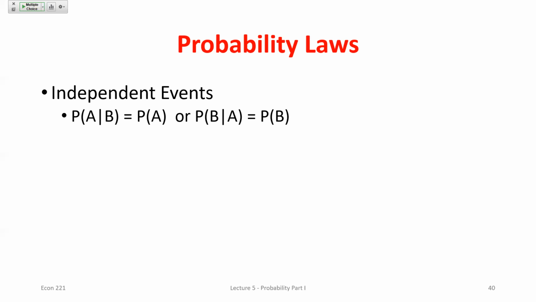If you then give me this additional piece of information, that B has occurred, you're not looking at the entire experimental outcome space anymore. Once I've conditioned on this other event, if I look at all the outcomes in event B, the proportion of them that are still in A is still 50%. So this additional piece of information didn't change the proportion of outcomes that were in the event I was looking at.